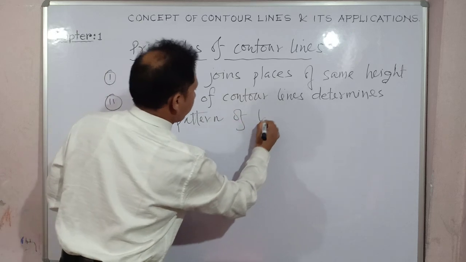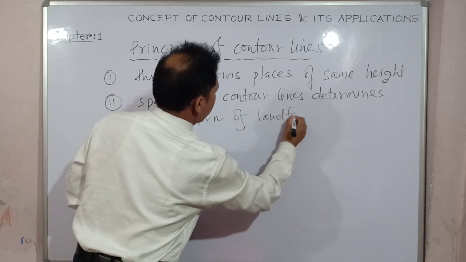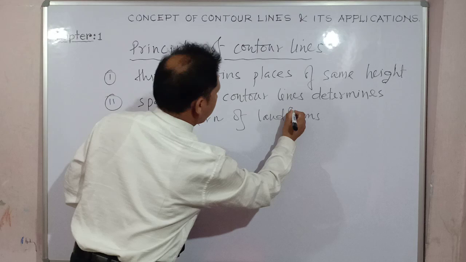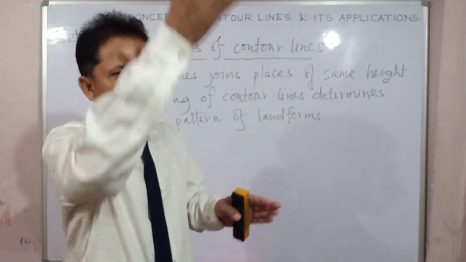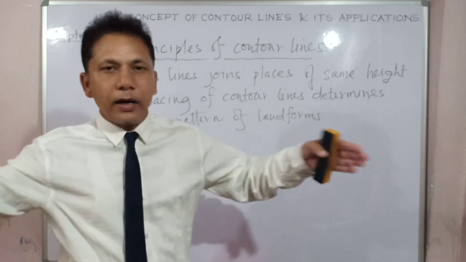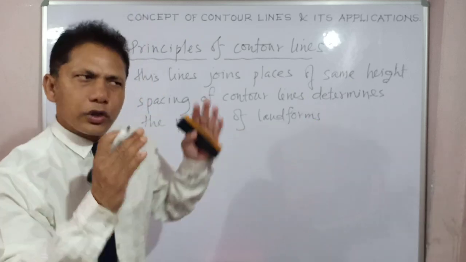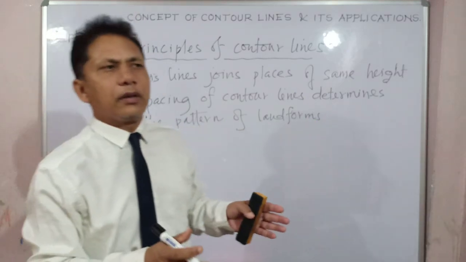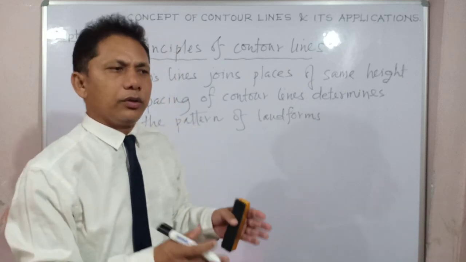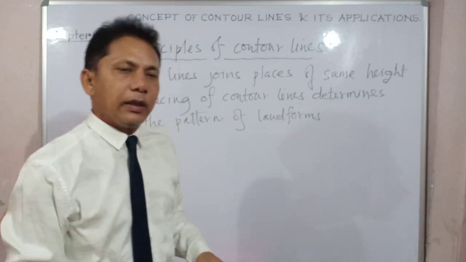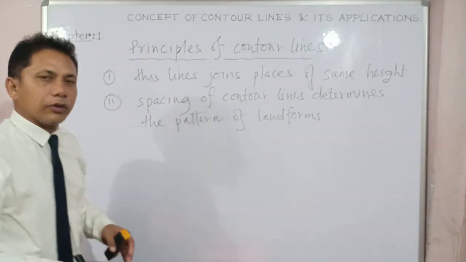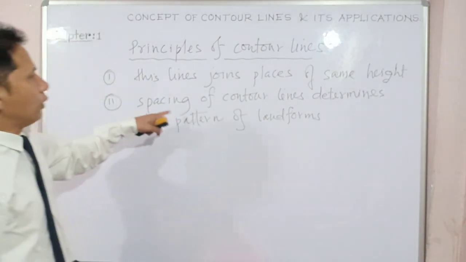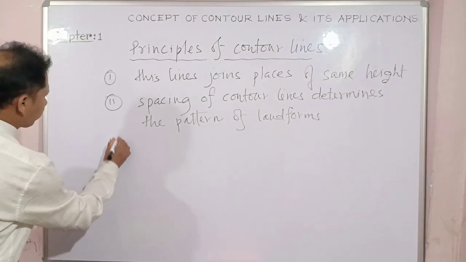Closely spaced, steep slope; widely spaced, far apart from each other, gentle slopes. So spacing is one of the basic characteristics of the contour with which you can identify the different landform types or the angle of inclination of the slopes and other details. So these two are important, right?